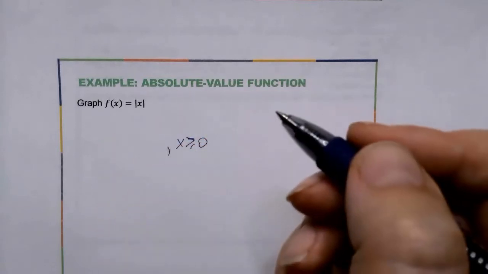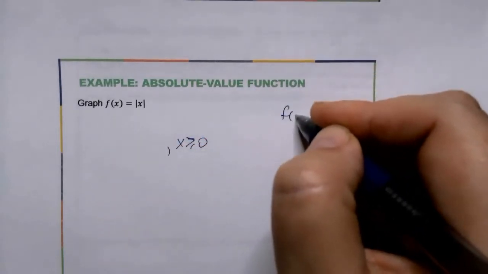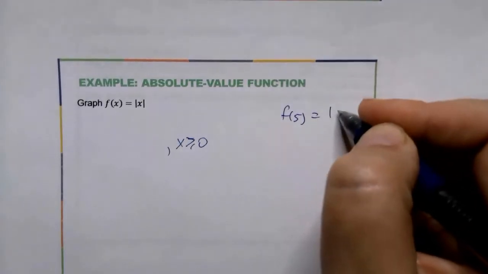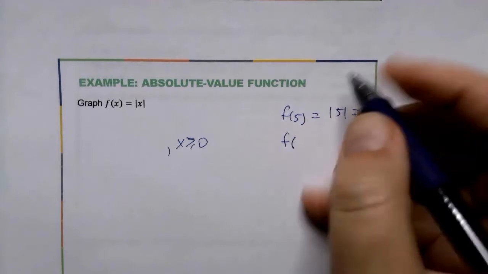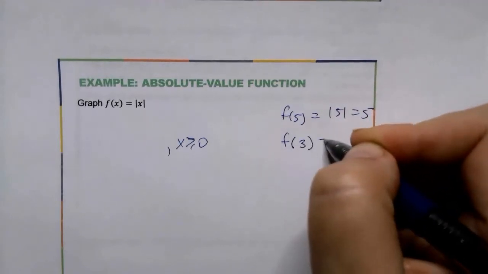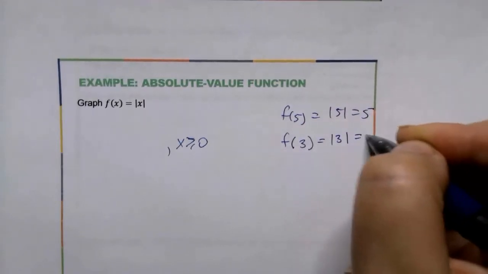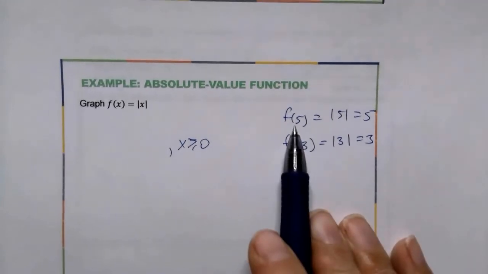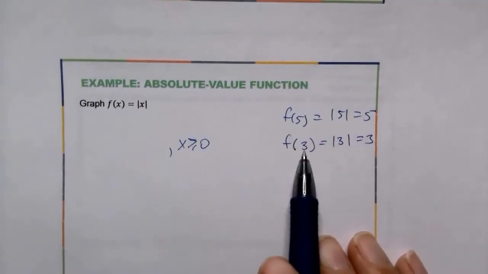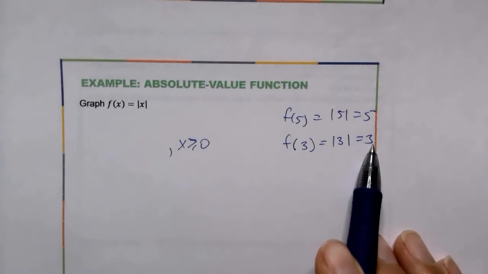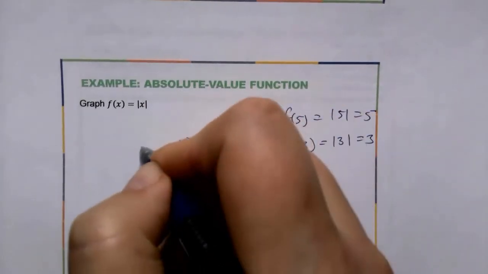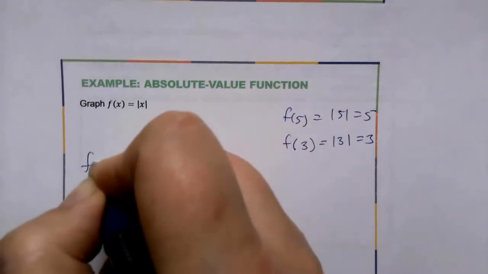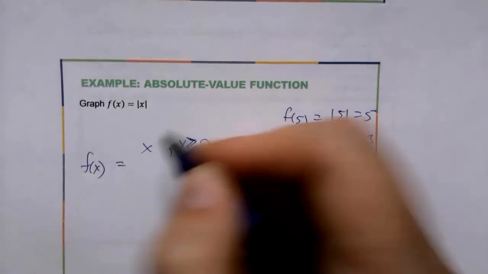For example, f of 5 is absolute value of 5, so it's just 5. f of 3 is absolute value of 3, so it's just 3. So your input value equals your output value. When x is positive, f of x equals x.